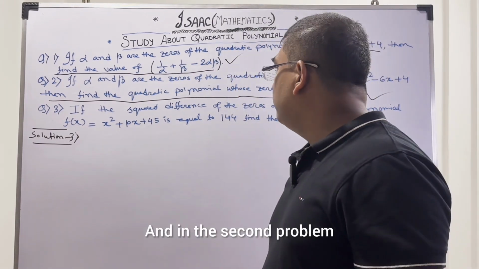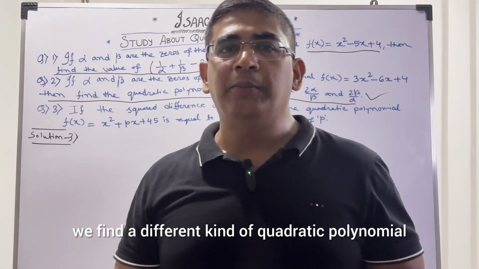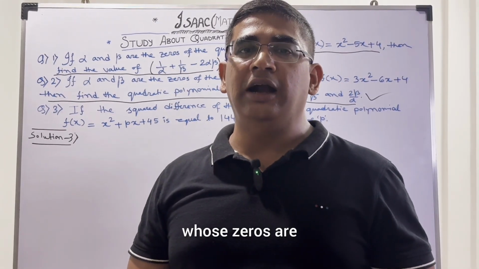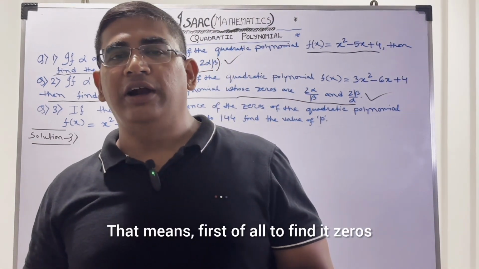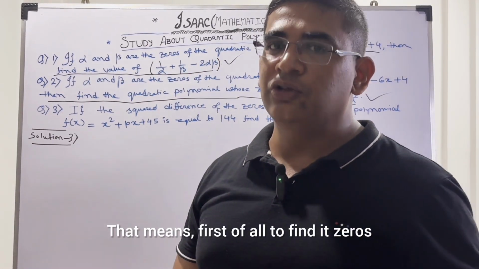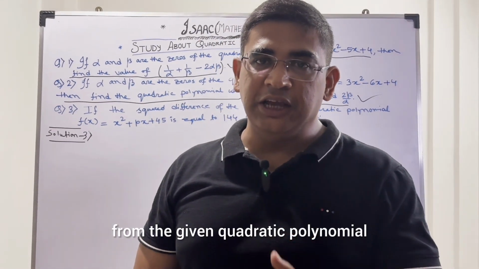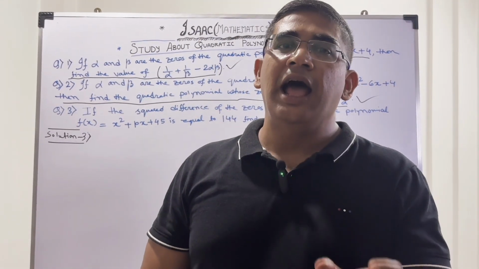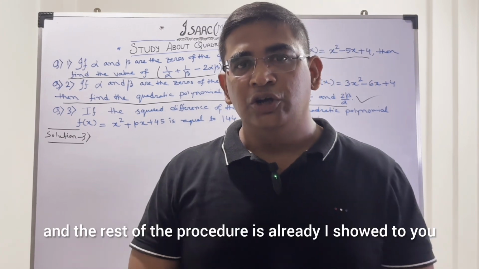And in the second problem, we find a different kind of quadratic polynomial whose zeros are not given directly. That means first of all we have to find alpha plus beta from the given quadratic polynomial, and alpha into beta. Okay, and the rest of the procedure I already showed to you.